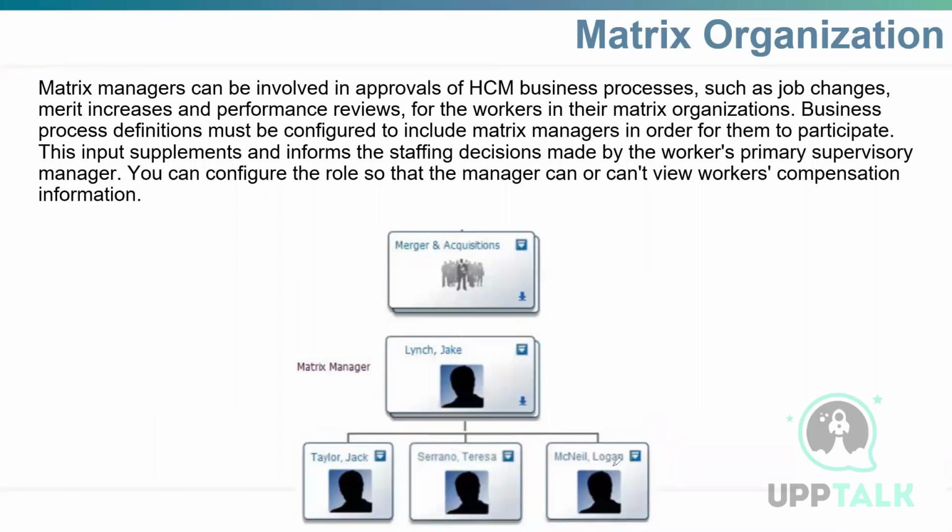She's reporting directly to Steve Morgan, who is the CEO of the company. But in this case, the CHRO, the CFO, and Taylor Jack are reporting to the matrix manager, Jake Lynch, for this particular project. So a matrix organization does not look at hierarchy, it looks at the roles that are being assigned and who is responsible for it.